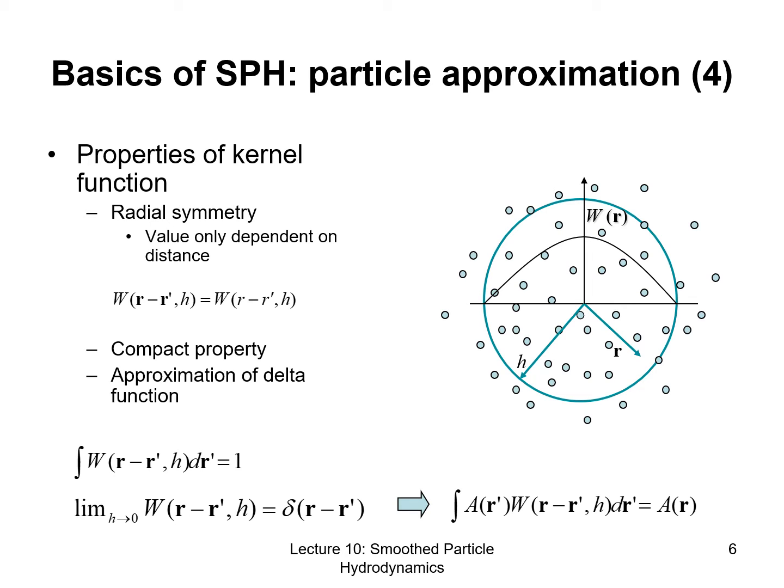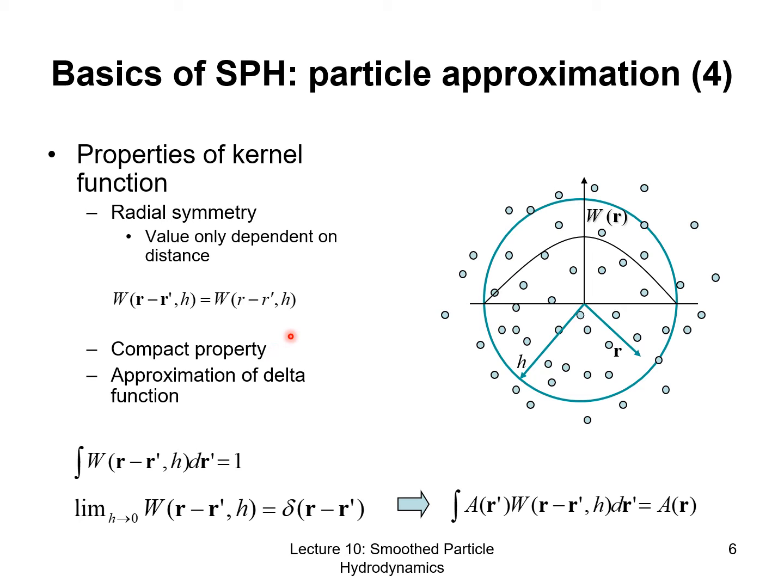With a little bit of formal validation, we can find the kernel function we are using for approximation has some special properties. For example, it should have a so-called radial symmetry property. As we say, the weight of approximation is only relevant to the distance. That means this function only relates to distance, not to direction or anything. So that makes this function radially symmetric. And second, it should have a so-called compact property.